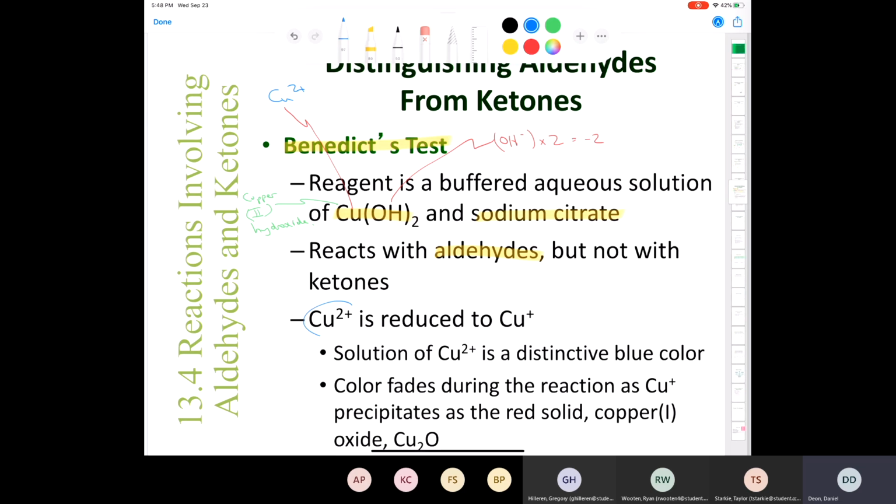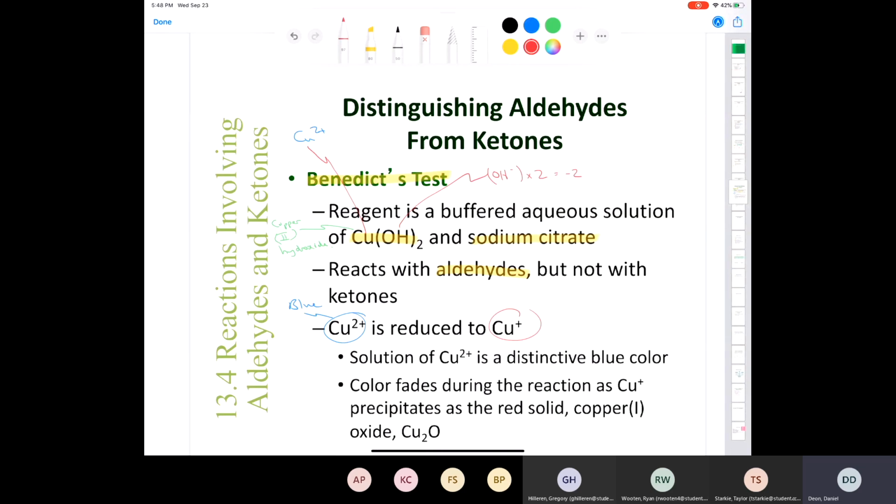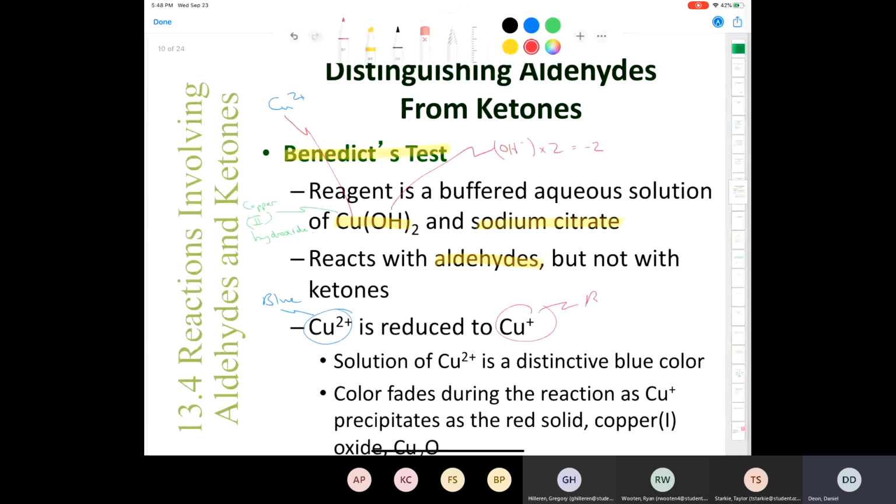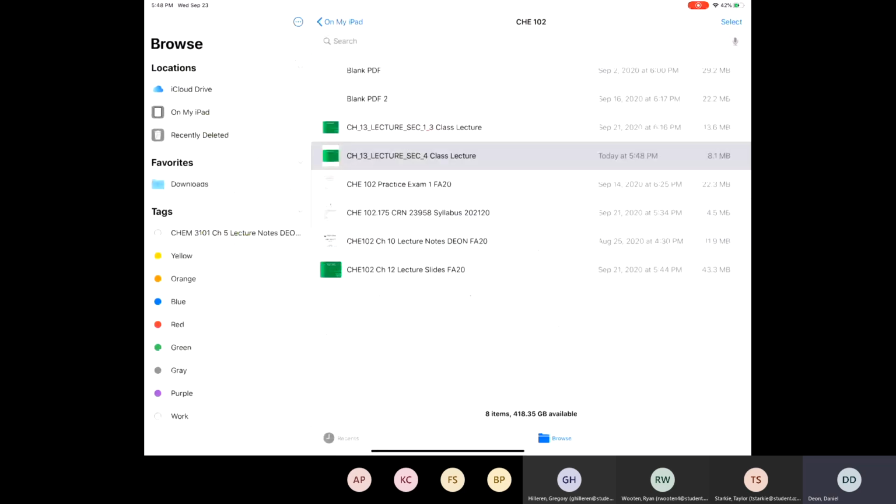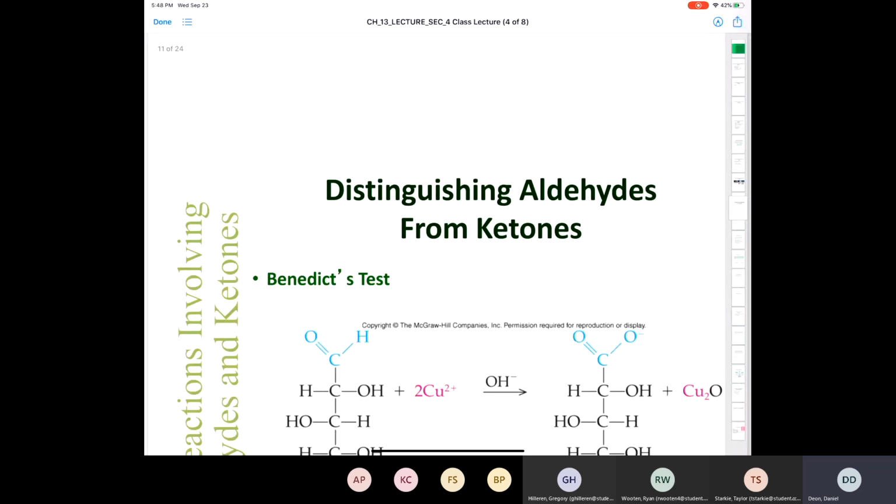Then when it reacts with an aldehyde, it gets reduced to copper 1 plus, and copper 1 plus is a brick red precipitate. So we'll put here brick red. Again, the solution of copper 2 plus has a very distinctive, beautiful blue color.